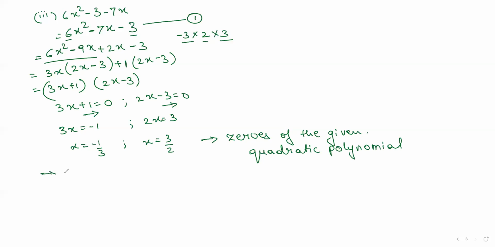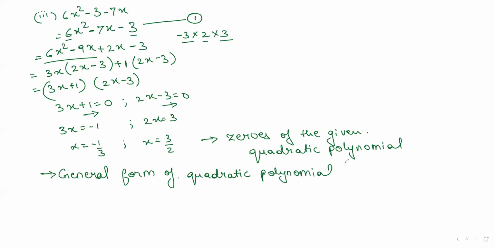Now, for the second part, the general form of quadratic polynomial is equal to ax square plus bx plus c.